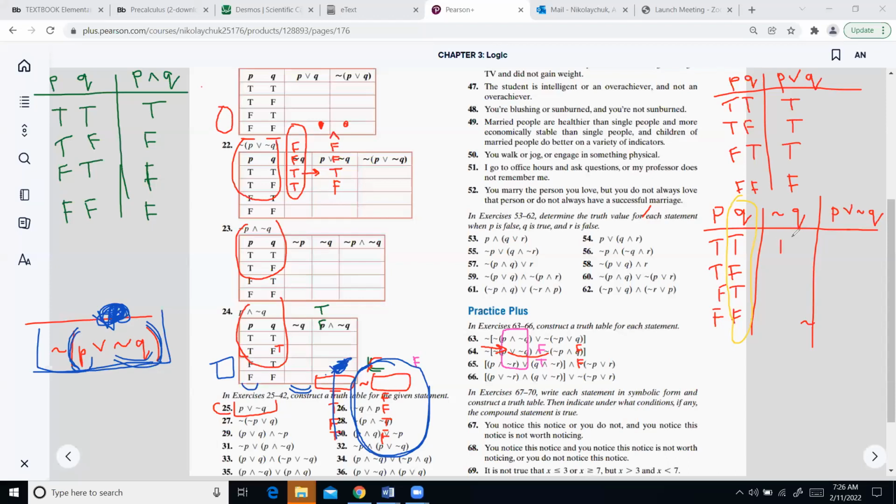So instead of T, I put F. Instead of F, I put T. Instead of T again, I put F. Instead of F again, I put T. So I produced the next column right away. Okay. So again, I look only at the column with Q, and that's how I produced not Q.